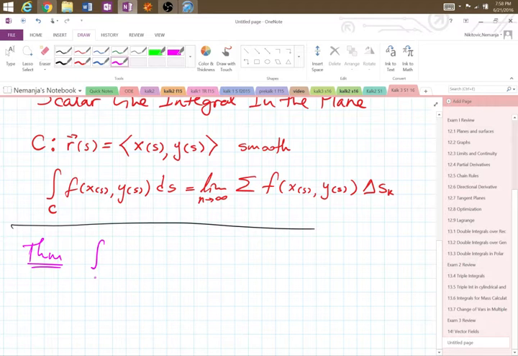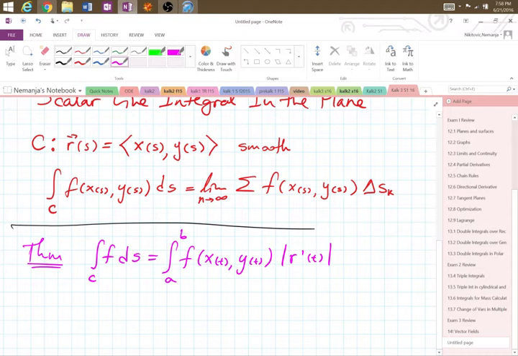So the integral of f ds, which is the line integral, is going to be the integral from a to b of f of x of t, y of t, times the magnitude of r prime of t, dt.